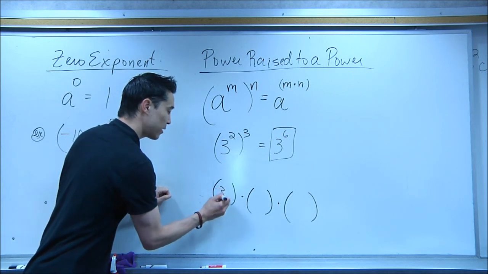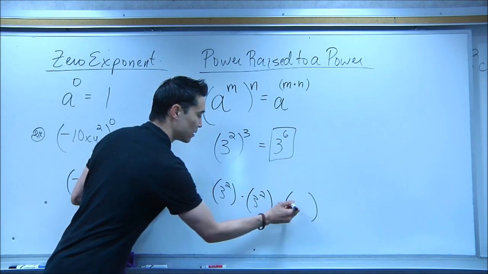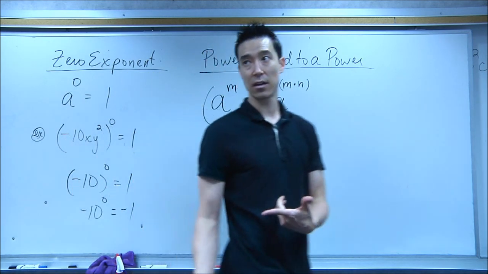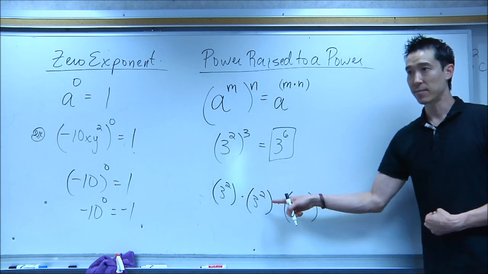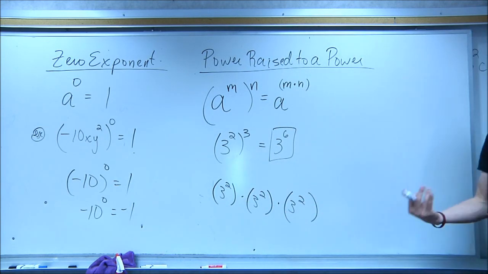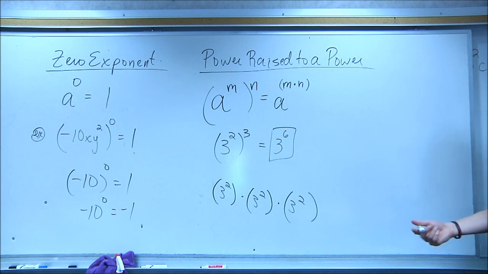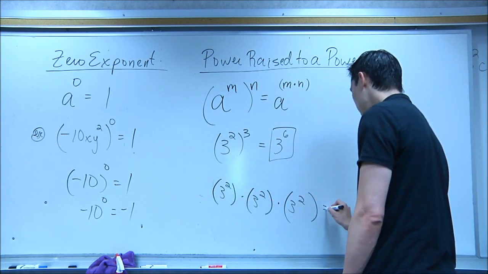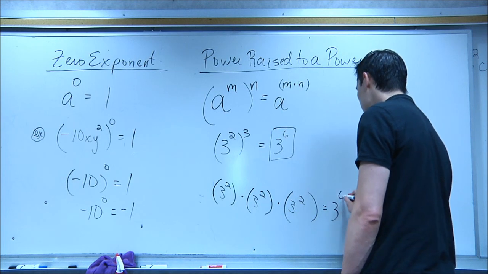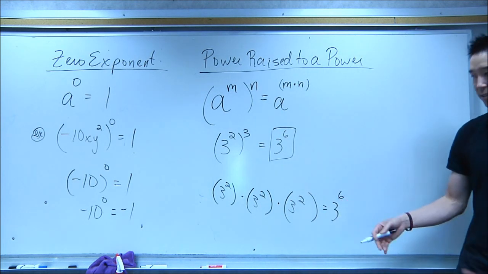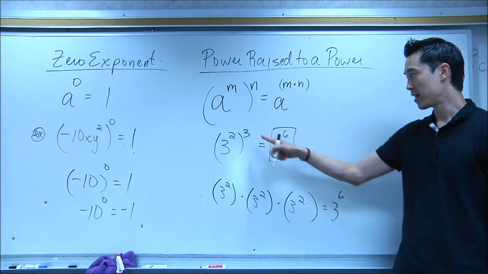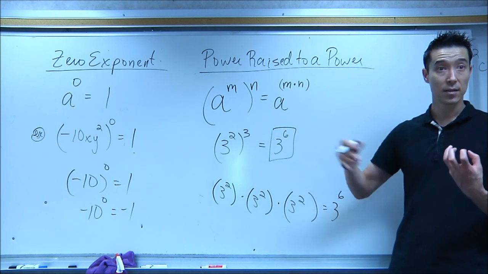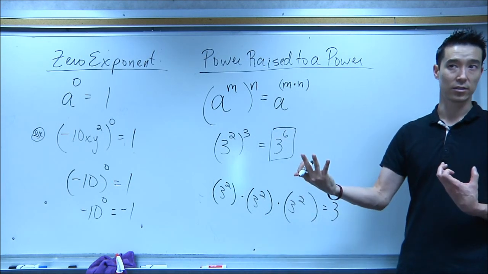But it happens to be 3 to the second. But what rule did we just learn 10 minutes ago? If you have something like this and they're all the same base, what do you do with the exponents? You add them, right? 3 to the second times 3 to the second times 3 to the second. 2 plus 2 plus 2 is 6. That's why this rule works. You're adding this thing this many times, and adding something a certain number of times is just multiplication.